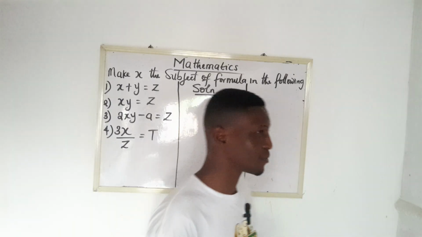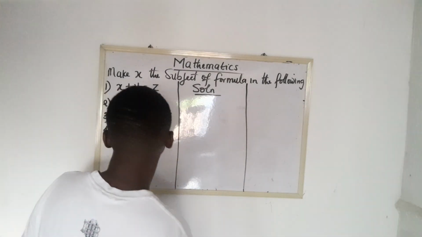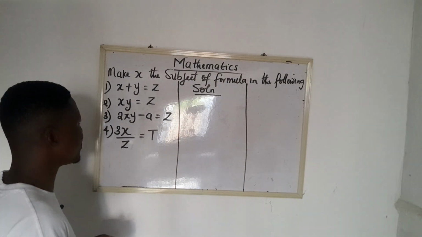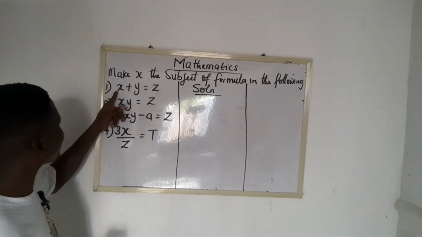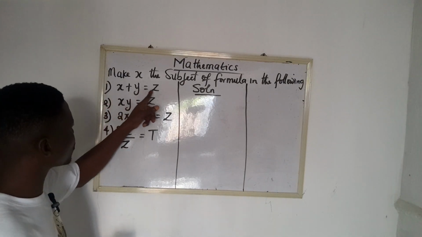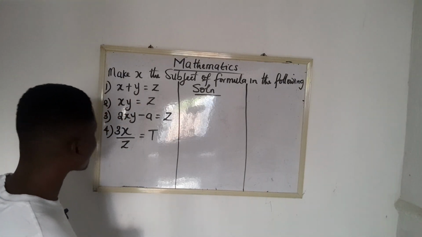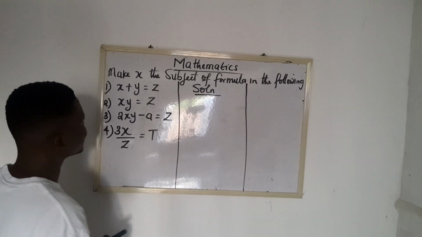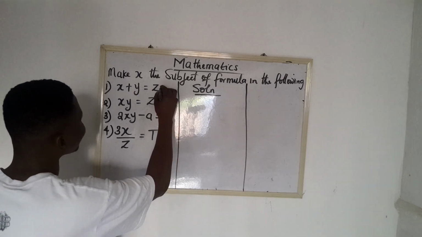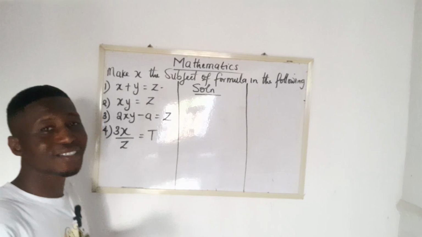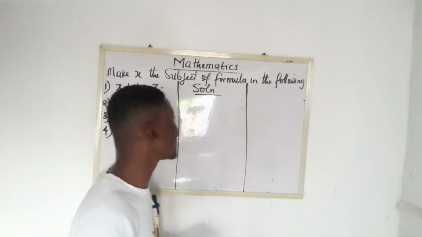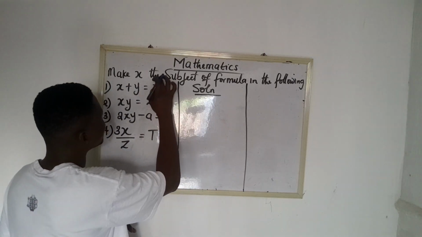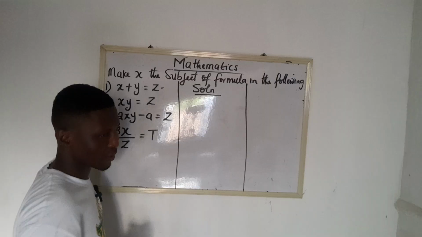What am I saying? Looking at example 1 that we have here, we have x plus y is equal to z. Now we would observe that the z on the right hand side of the equation is standing alone, which means the z is the subject of this formula.